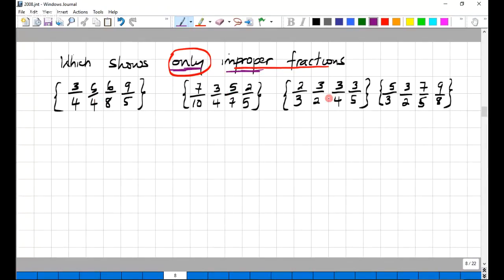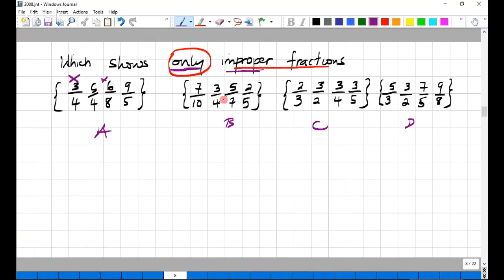So let's examine them. We have 4 options here. This is option A, this is B, this one is C, and this is D. Let's look at option A first. 3/4, proper or improper? Proper. All right, so this is out already. Once any part of this is wrong, then all of this is wrong. Clear? 6/8, proper.